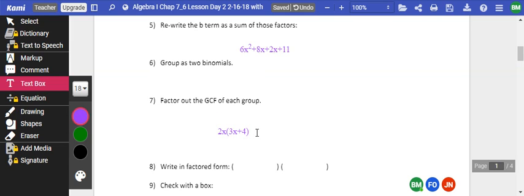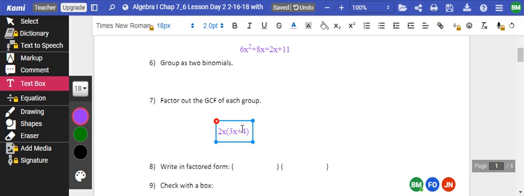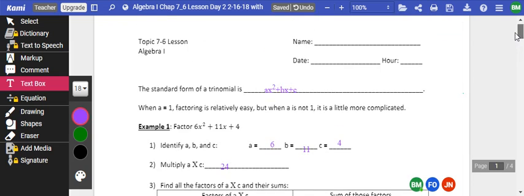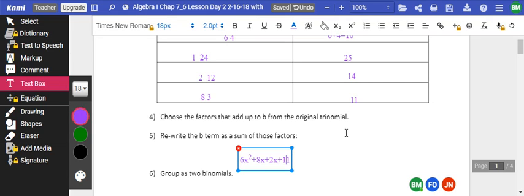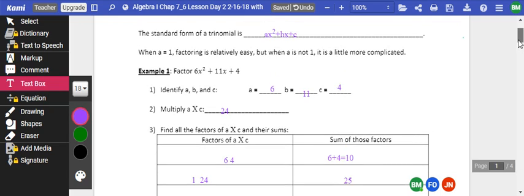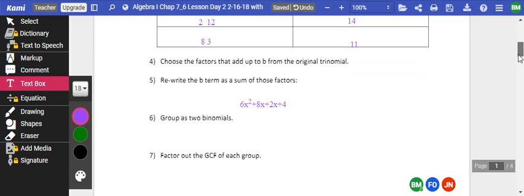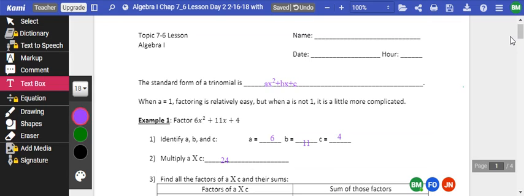Or maybe I don't want to group it with those, because I want to take the same grouping out of them. We want the same thing on the inside. Oh, it's 4. We want it to be 4 at the end, not 11, because it is 6x squared plus 11x plus 4.